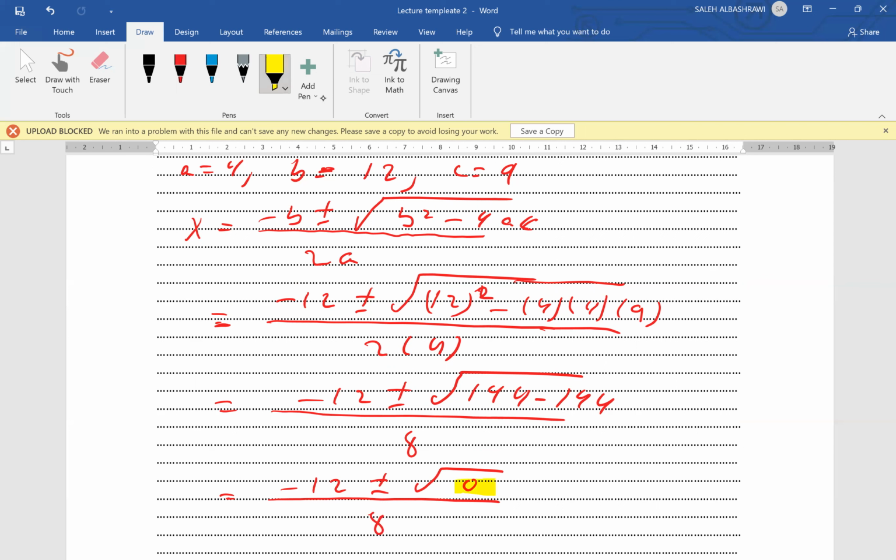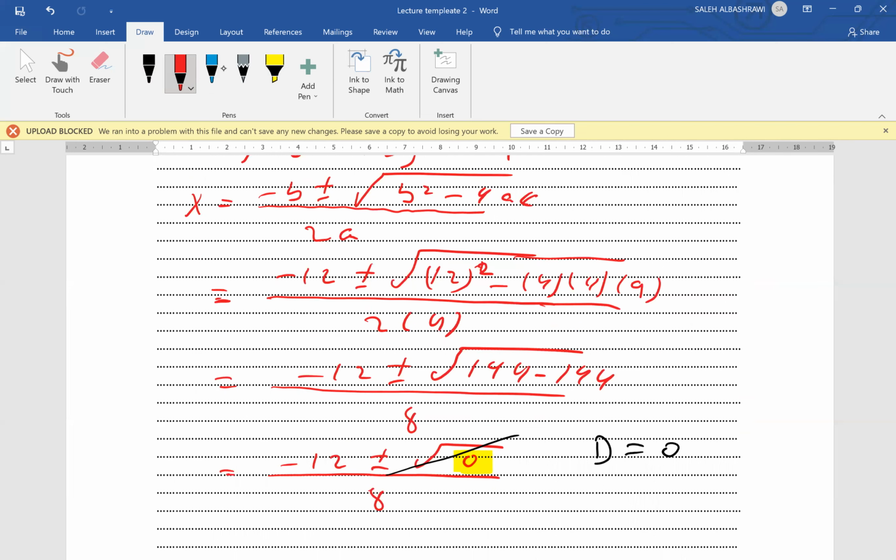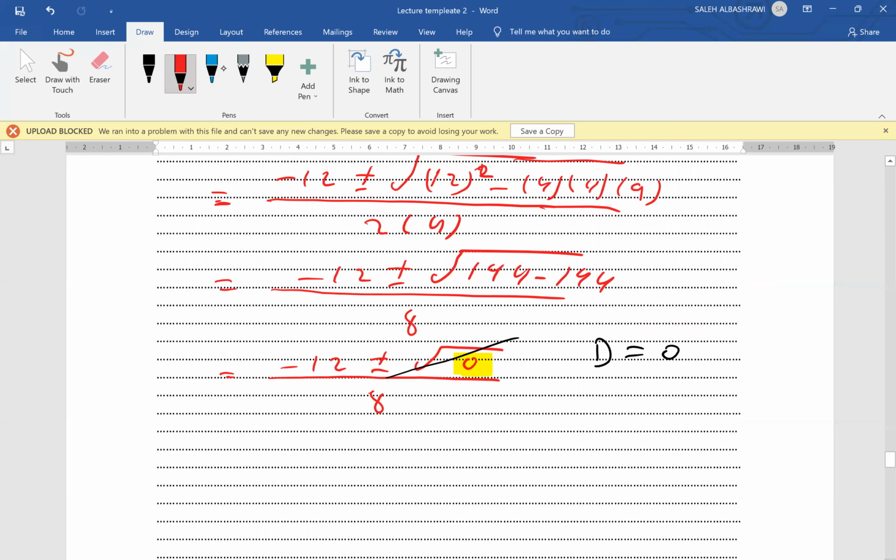Now the discriminant is equal to 0. What is inside the square root is equal to 0, which means that we are going to have only one real solution, or a duplicate real solution. So we'll have x equal to minus 12 over 8. This will be the only solution.